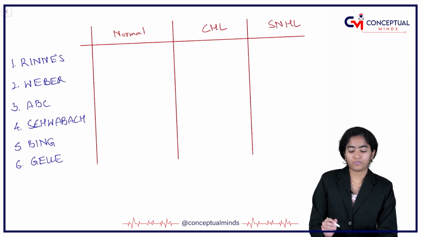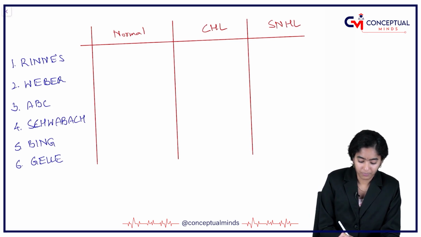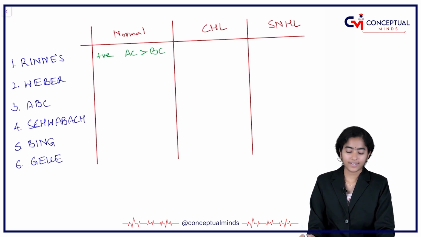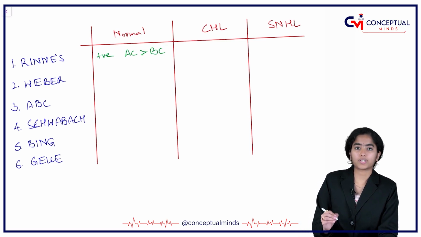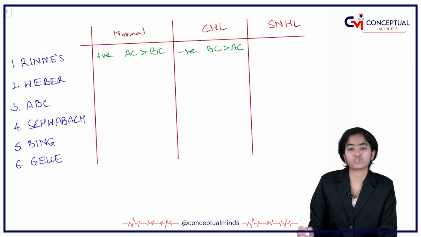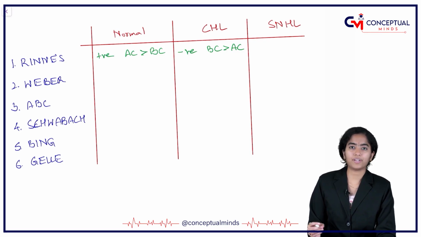Rinne's test when performed on a normal person is positive. That means air conduction is better than bone conduction. Rinne's test when performed on a patient with conductive hearing loss is negative. That is, bone conduction is better than air conduction. Because in conductive hearing loss, the amplification of sound by the middle ear is not there, so bone conduction is better.